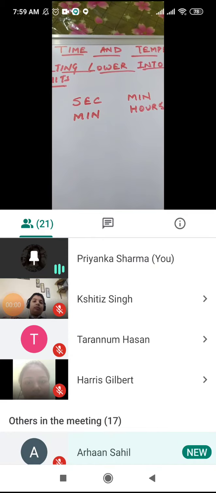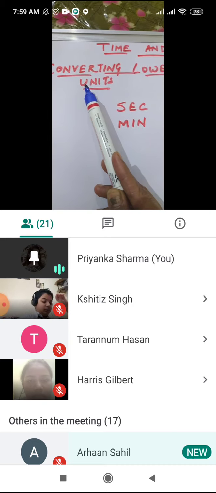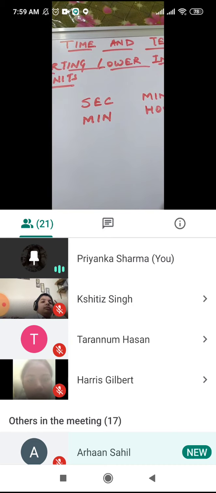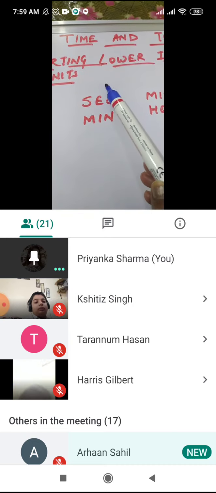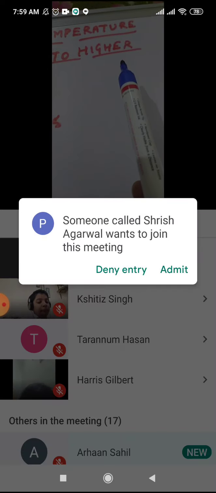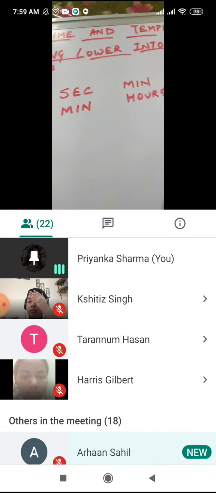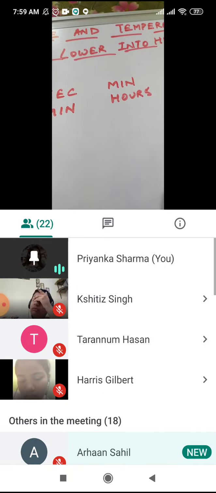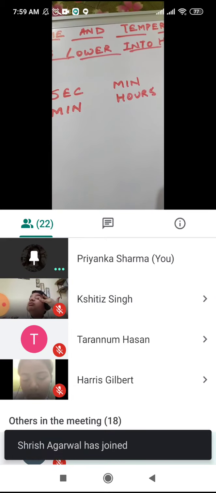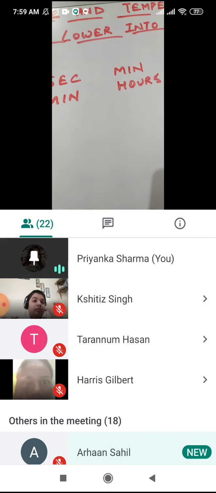In the previous class, we had done time and temperature, and we had learned to convert higher units into lower units. Today we will convert lower units into higher units. Are you getting it? When we were converting higher into lower, we had learned that we have to multiply the number by 60.